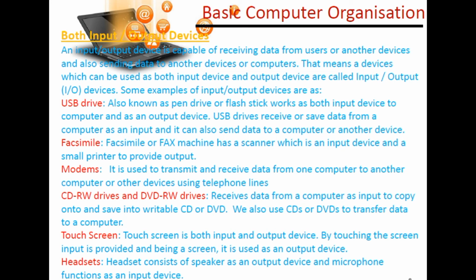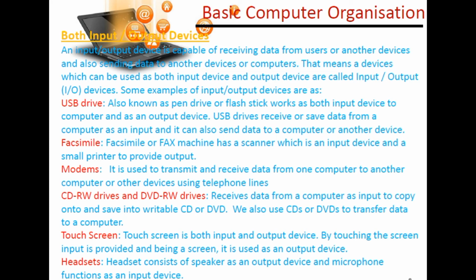USB drive, also known as pen drive or flash drive or flash stick, we can see that it works both as an input device and an output device. USB drive receives or saves the data from a computer as input to it, and also sends the data to the computer or to another device.